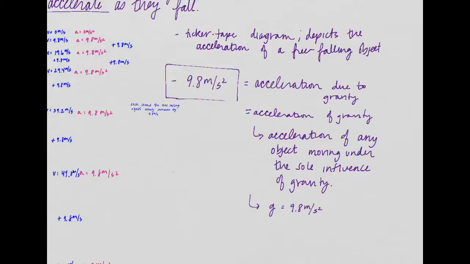So we're going to take this information and apply it to the acceleration due to gravity on different places. So I want to make it very clear, this is the acceleration of any object under the sole influence of gravity on Earth.